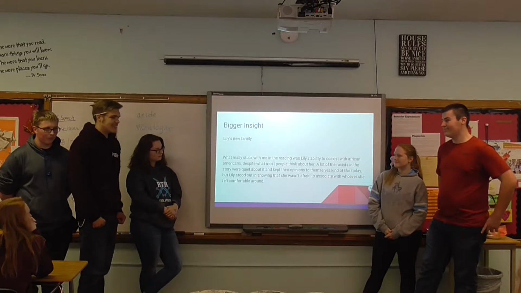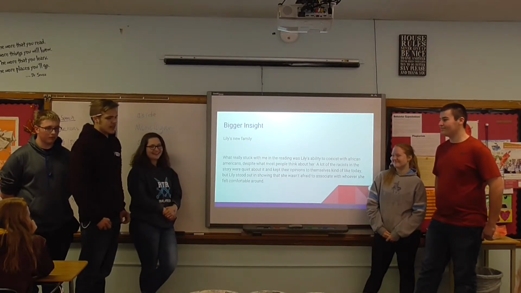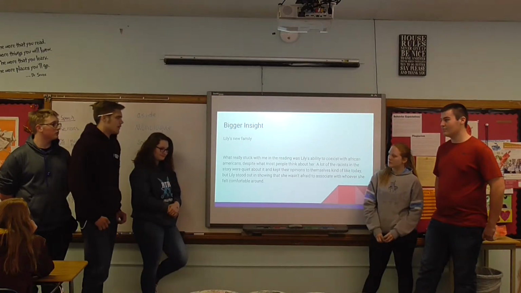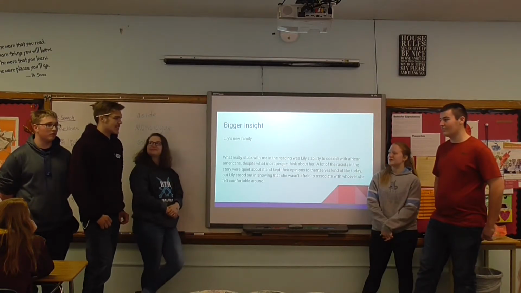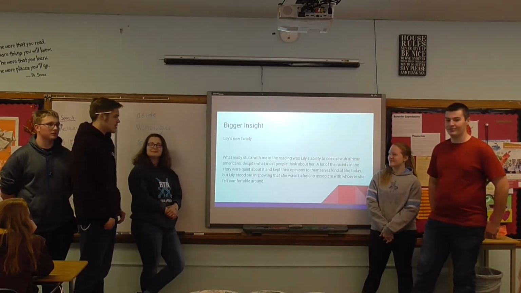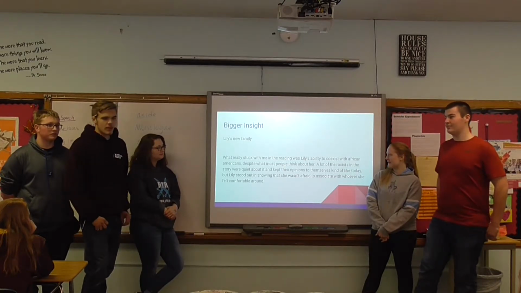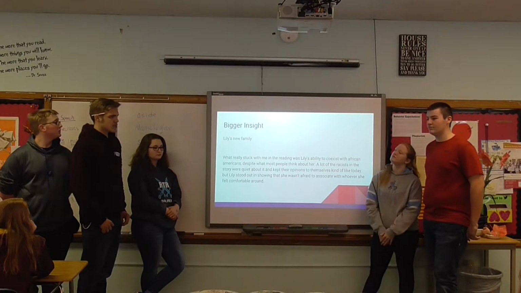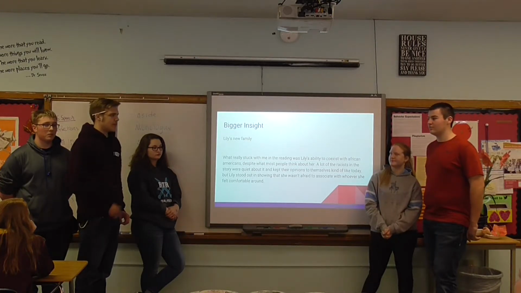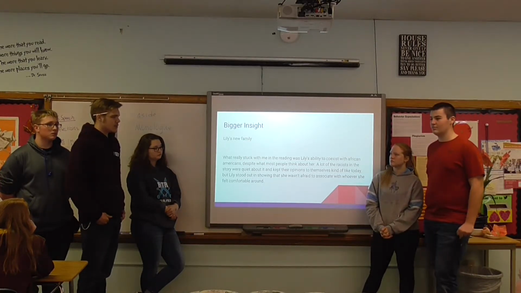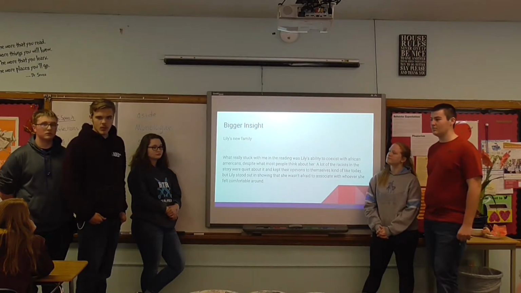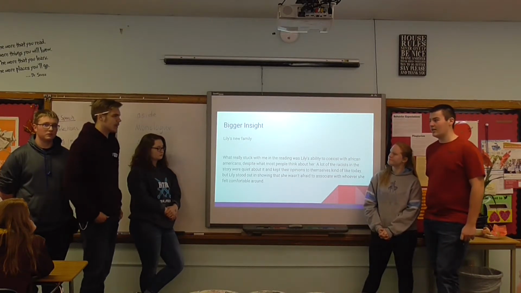Alright, so my insight was Lily's ability to coexist with African Americans in the story, despite what other people thought of them. There's a lot of racism in the story, and I guess Lily didn't really care about what color people were, and she just associated with who she wanted, and I guess I could kind of apply that to today.